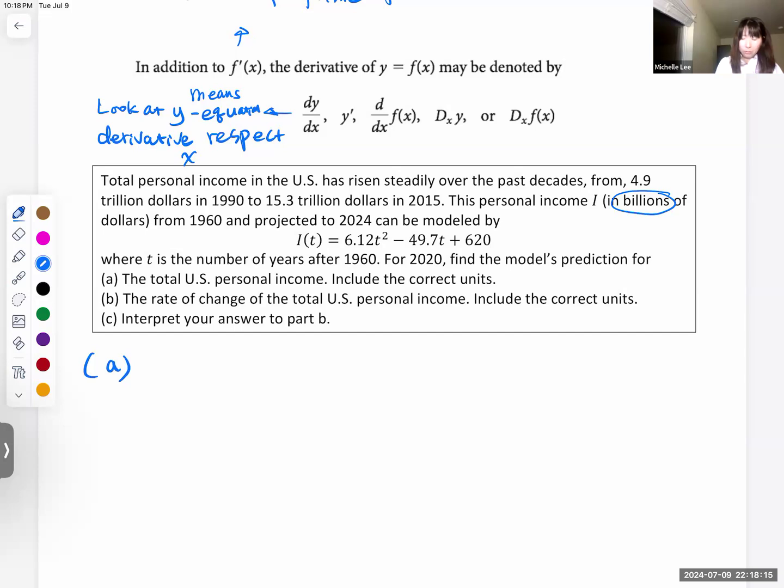For 2020, we take 2020 minus 1960, because t is the number of years after 1960, right? Then this is 60. And we want to find the total US personal income, so this is the personal income, I of t.